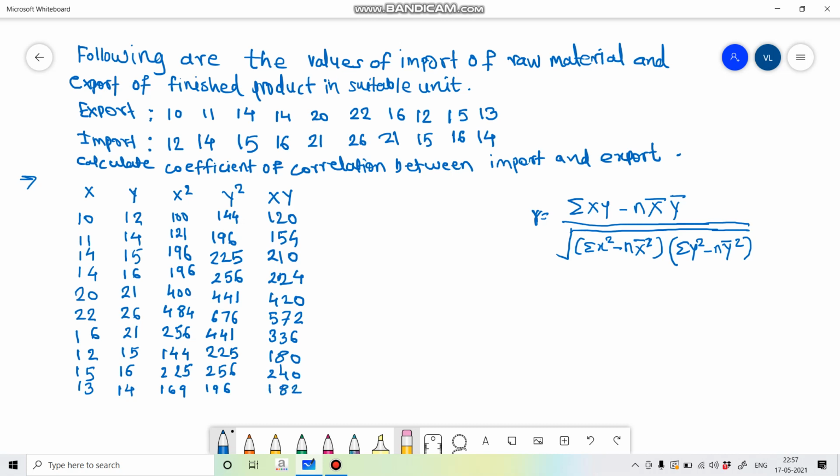Okay, so for this we have to find first x bar and y bar.